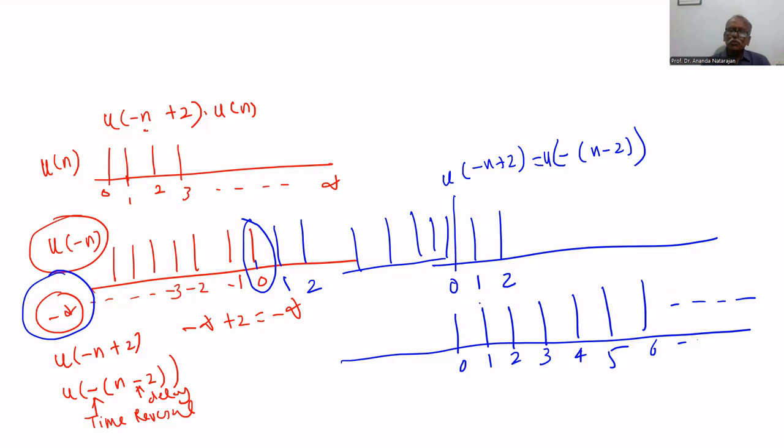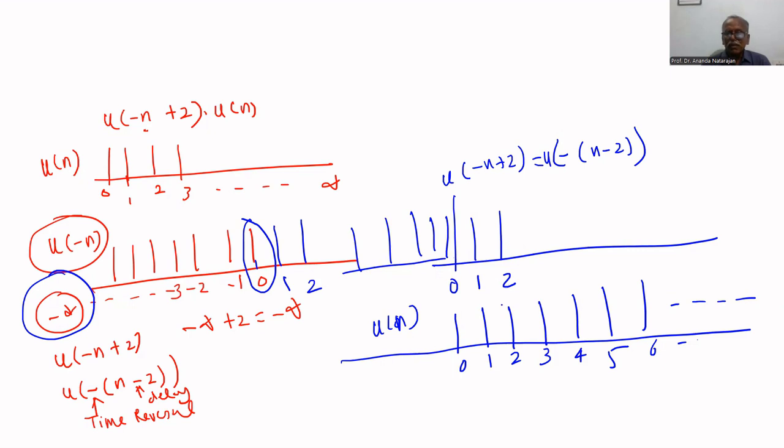If you multiply these two, here all are 0. To the left of 0, U of n is 0. To the right, all will be 1 at every sampling instant. U of minus n plus 2, if you consider, on the left all 1, on the right side only 2 elements, 0, 1, 2, have 1.